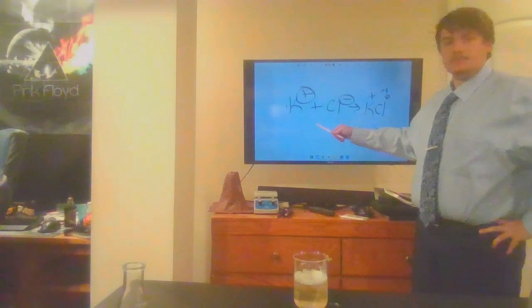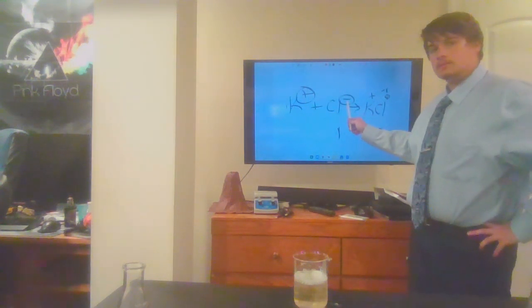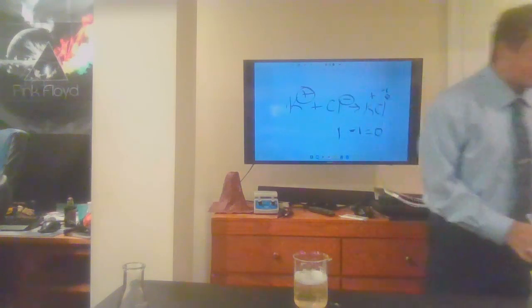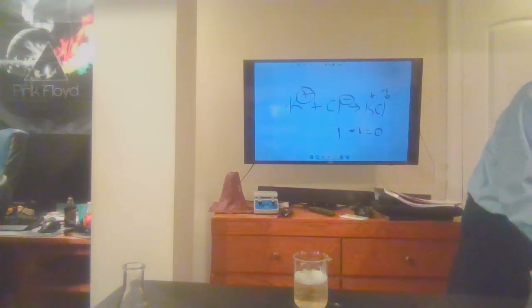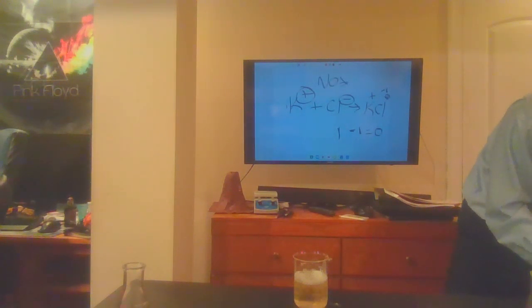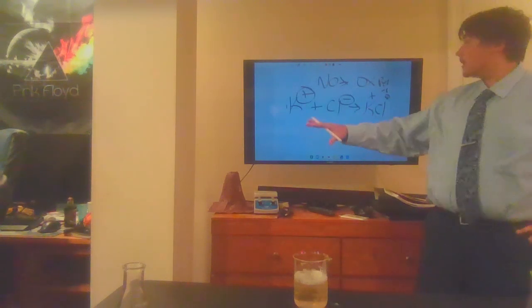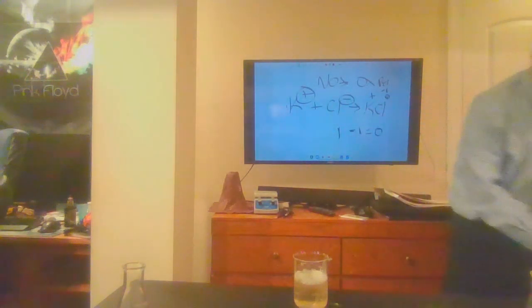But in the reactants, potassium's charge is +1, chlorine's charge is -1. So this reaction is actually not an oxidation reduction. It's not a redox reaction.